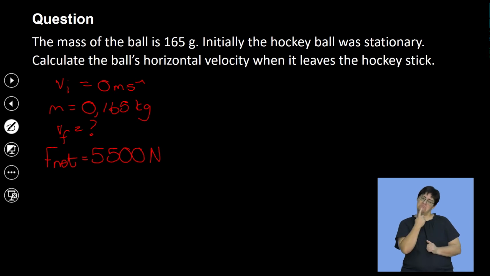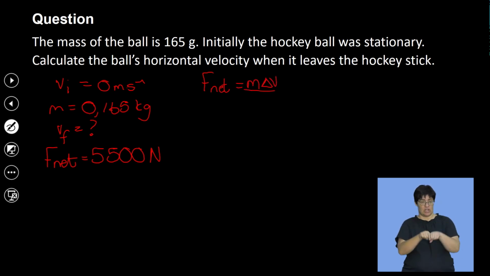Now we look at this and we go, hang on, I can do this. We know an equation that has F net, mass, and change in velocity. So if we go back here, F net equals mass, change in velocity over change in time. So I'm just going to push you a little bit with your maths here.